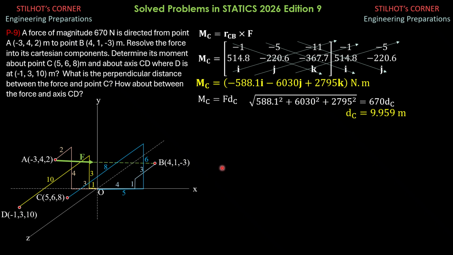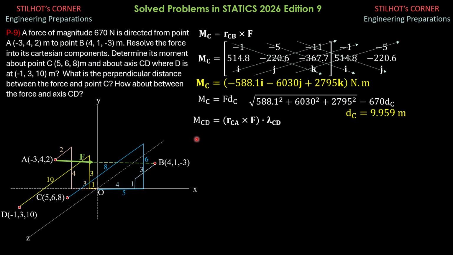So CD is C to D. So negative 1 minus 5, negative 6i, 3 minus 6, negative 3j, 10 minus 8, that's positive 2k. So moment about axis CD is RCA cross F, then the unit vector of CD. So RCA cross F, then the lambda of CD. I want you to present this.